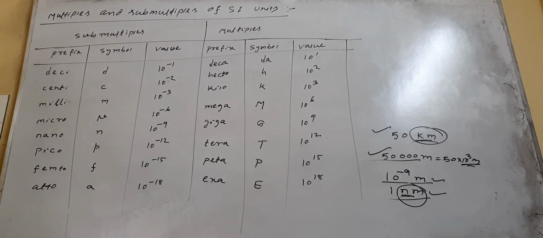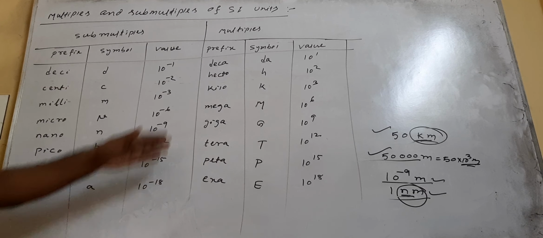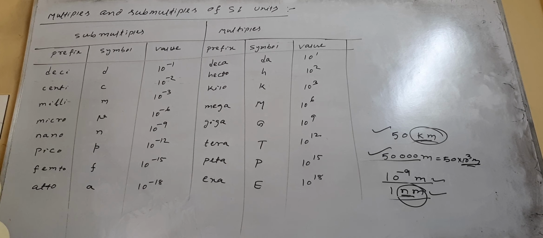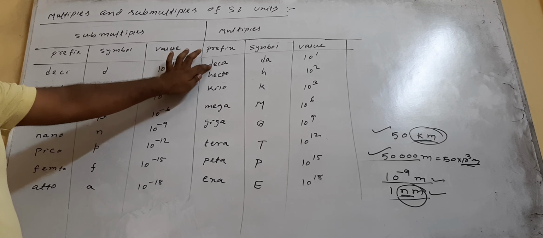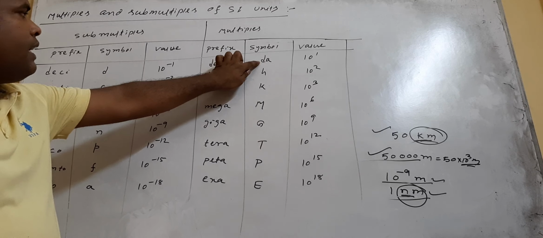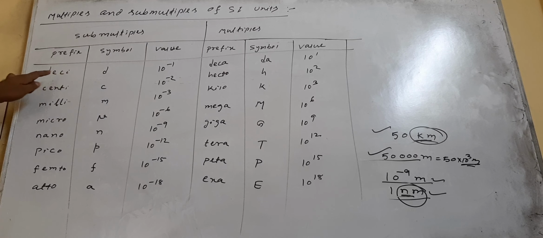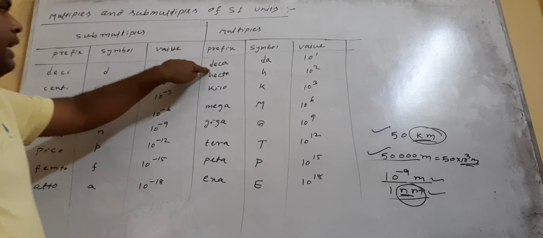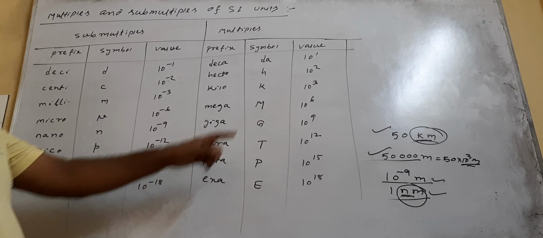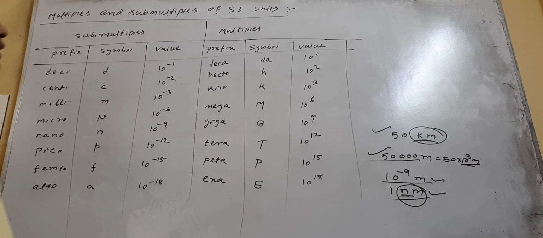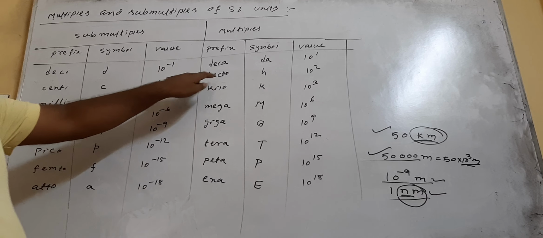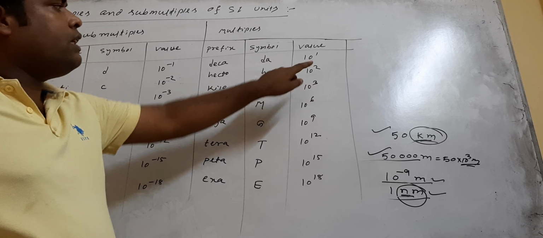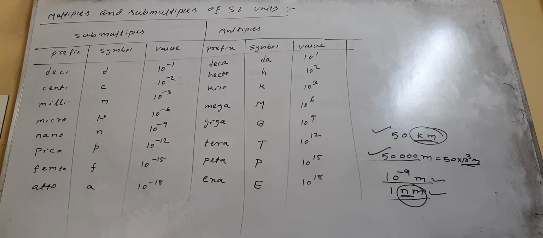Now come to multiples. First is the prefix deca, symbol is da, because small d is for deci. When it is da, then it is deca. Deca, the value is 10 to the power 1. Hecto, small h, value is 10 to the power 2.